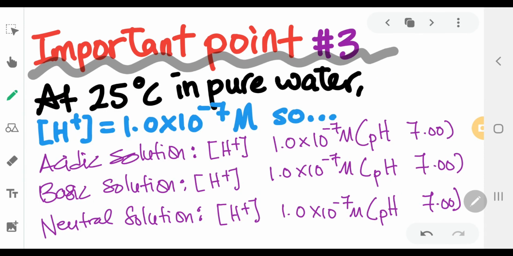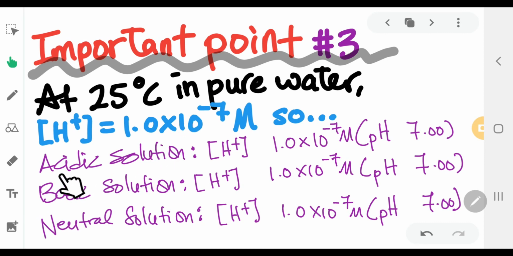Now, important point number 3, at 25 degrees Celsius in pure water, we don't have acids nor base. The concentration of H+ will be 1.0 times 10 to the power of -7 molar. So now you can roughly imagine that your drinking water would have the concentration of H+ this much.